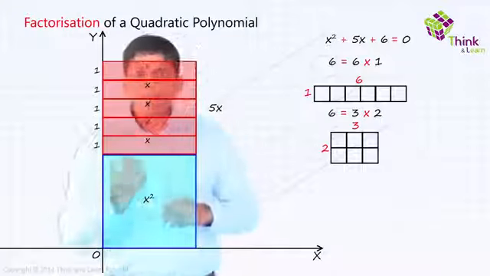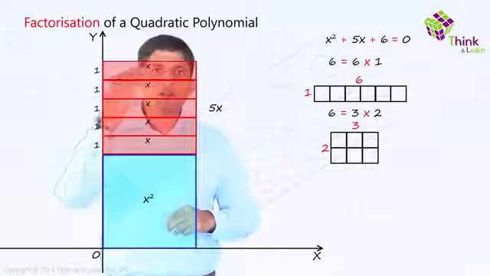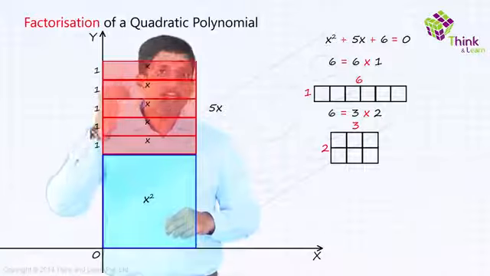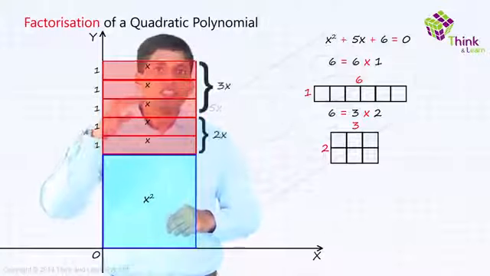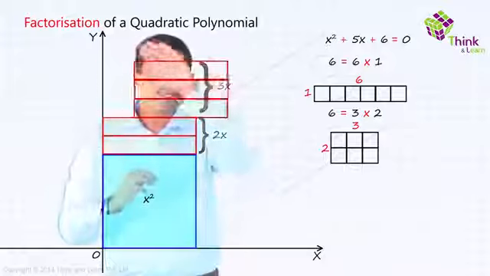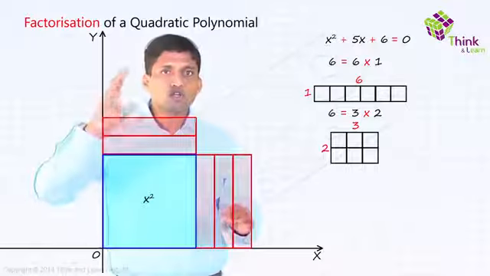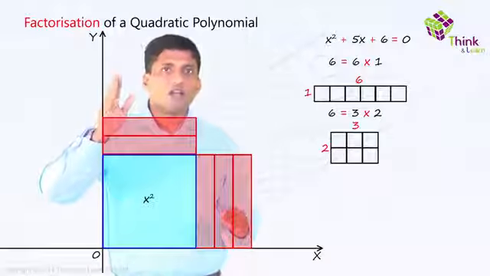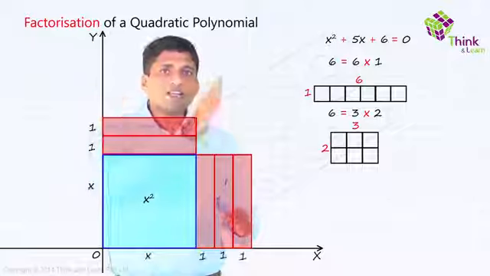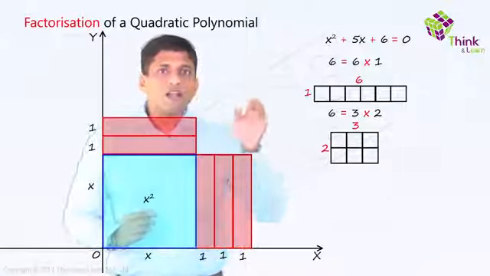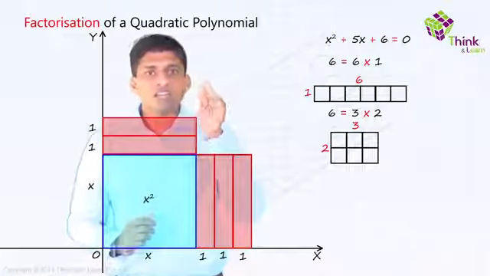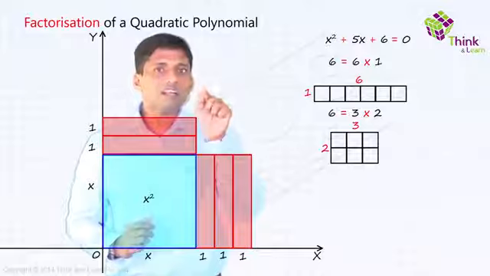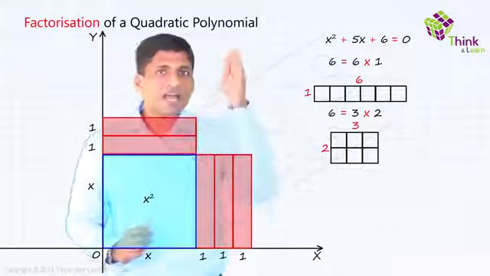So, now coming back to this area x square plus 5x, this 5x you can split as 3x and 2x. So, I'll bring this 3x down here. 2x is left on top. Now, this rectangle will get completed when, what is the remaining region here? That rectangle is with length 3 and breadth 2.